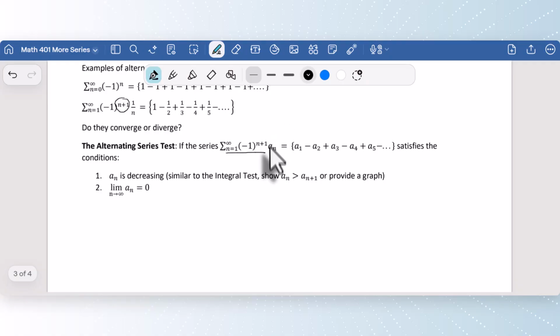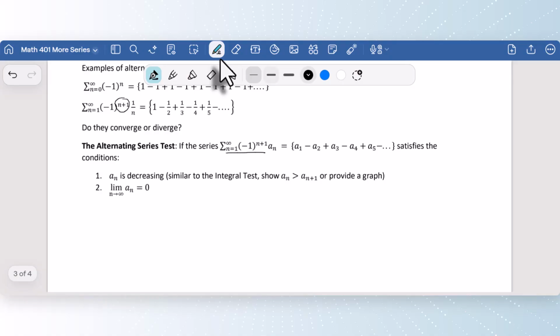And then we'll have the formula, the a_n term. And then in this case, n starts at 1, and so we have n plus 1 so that our first term is positive. So positive a_1 minus a_2 plus a_3 minus a_4, and so on and so forth to infinity. So if an alternating series satisfies these two conditions, first, a_n is decreasing.